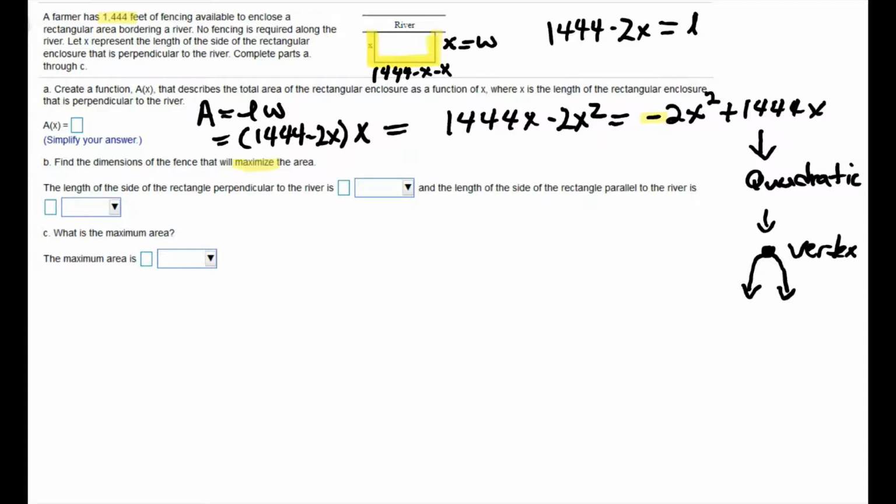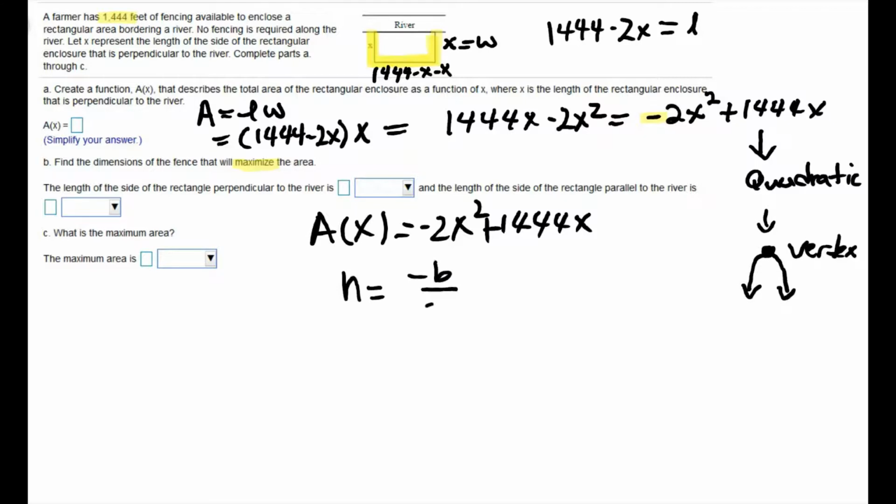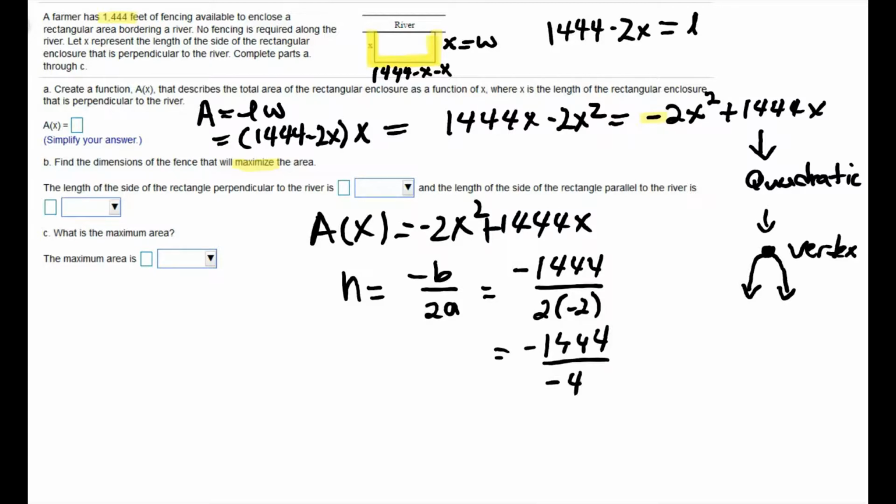So I'm trying to take this function, which represents area. It's negative 2x squared plus 1,444x. I'm going to use the vertex formula, negative b over 2a. My b is 1,444 over 2 times a. It's going to give me negative 1,444 over negative 4.